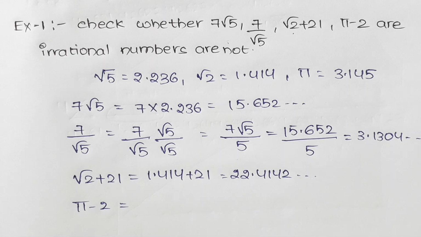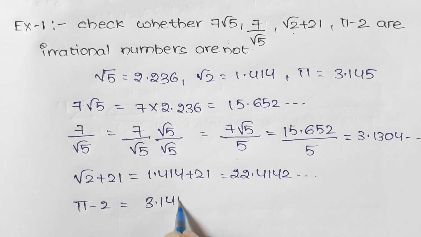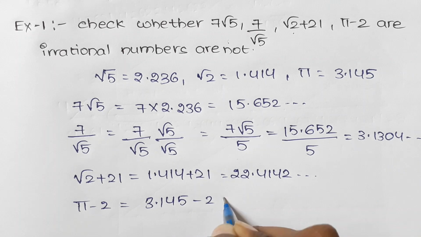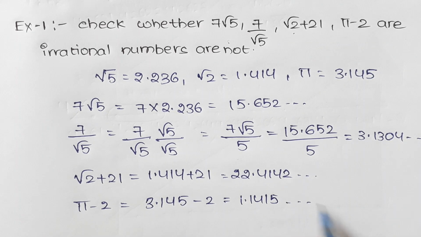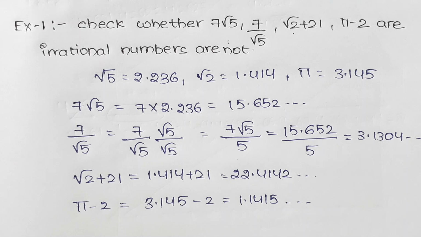And another one, pi minus 2, that is 3.145 minus 2, which is 1.1415. These are the values for the given numbers, and all of these are non-terminating, non-recurring decimals. So these are all irrational numbers.